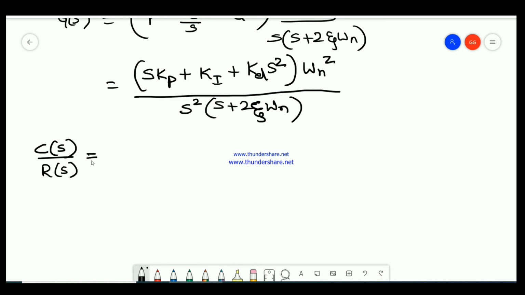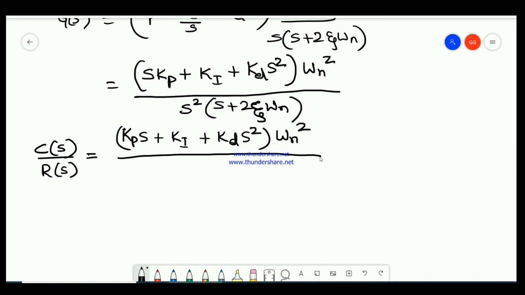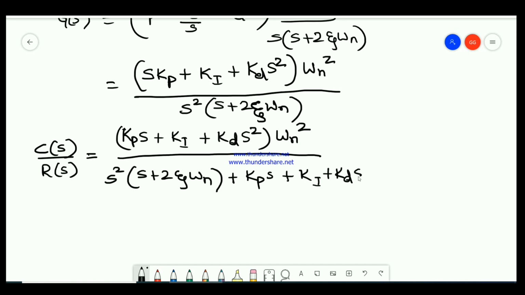So C of s by R of s is equal to Kps plus Ki plus Kds square multiplied by omega n square divided by s cube, which is s square into s plus 2 zeta omega n, added with the whole term which is there in the numerator, Kps plus Ki plus Kds square into omega n square.